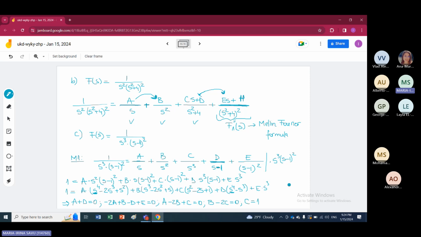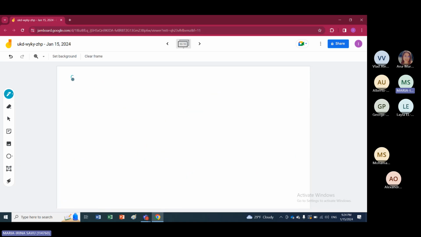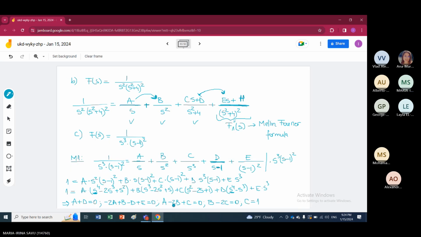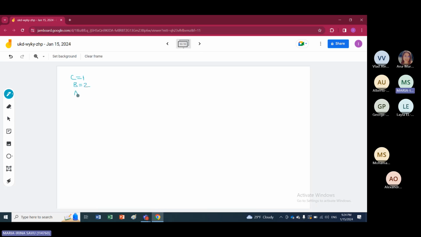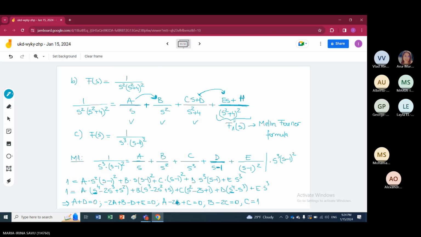So let's see the solution of this system. c is 1, b minus 2c is 0, so b is 2. Okay, c is 1, b is 2, so that is 3 from here. It's 3, so minus 6.